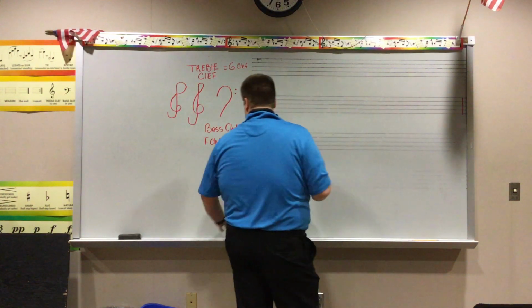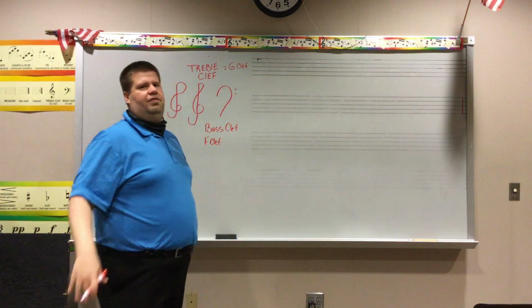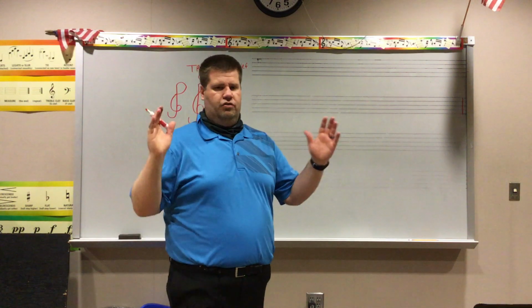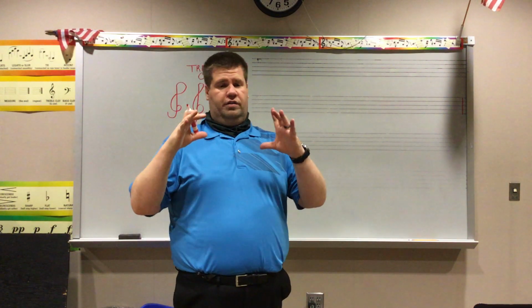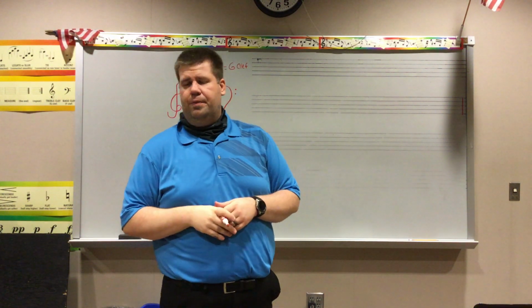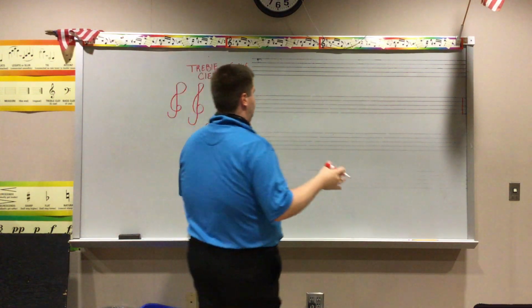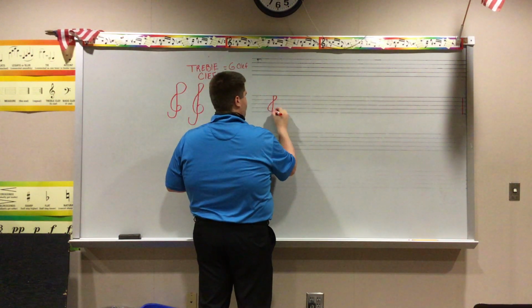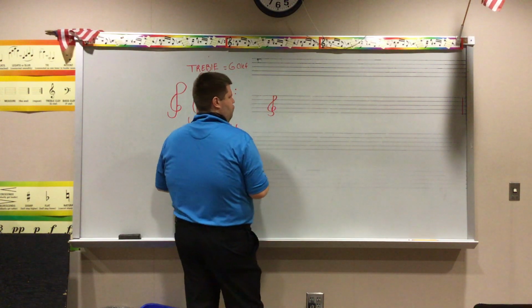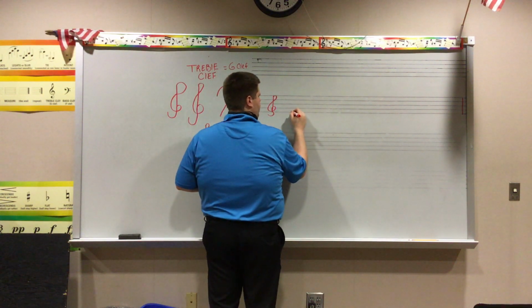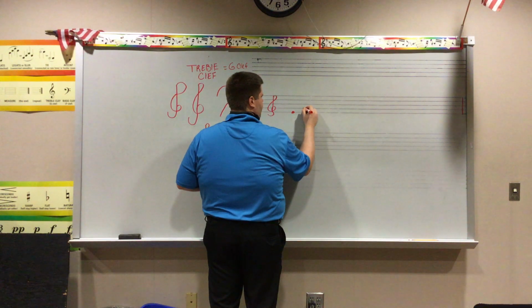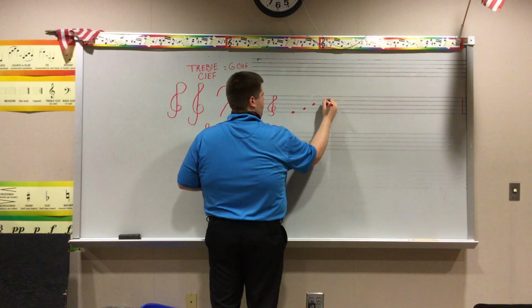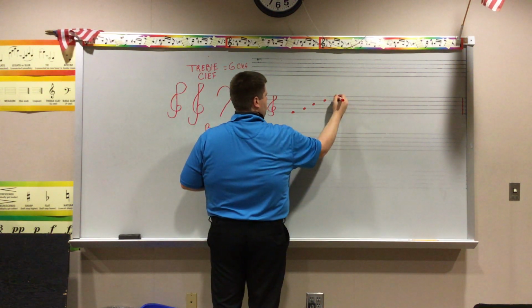You can do this on a lot of different things. You could do this on a piece of construction paper. You can do it on just a regular notebook piece of paper. You can do whatever you want. So this is what I want for your assignment. You're going to create a staff, treble clef, and draw the pitches just like this for the lines. Okay?